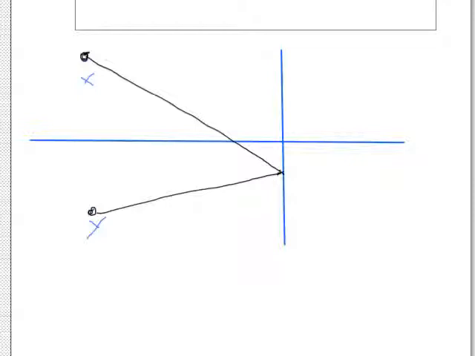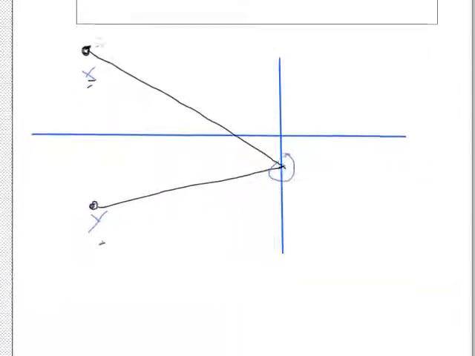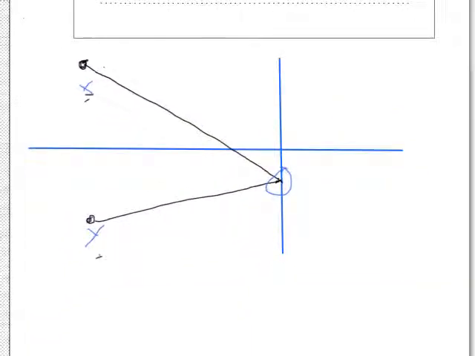We have source X and source Y, and at this point, the question asks, why is there no sound detected? Oops, lost it. Okay, there's no sound detected at this point, obviously because we have destructive interference.